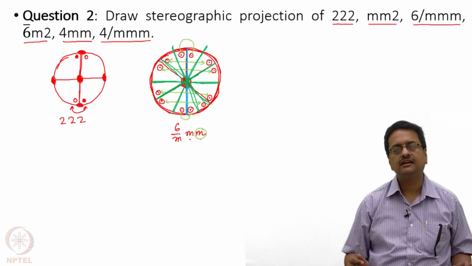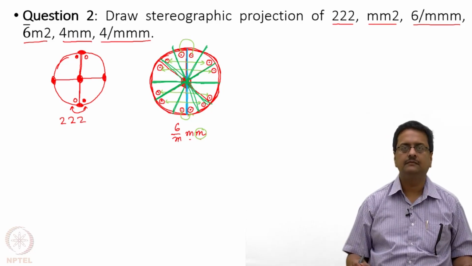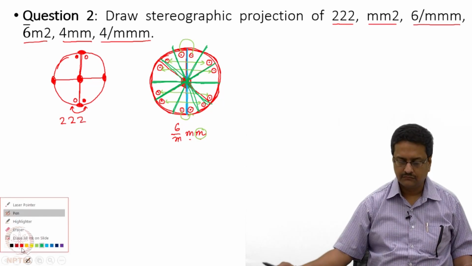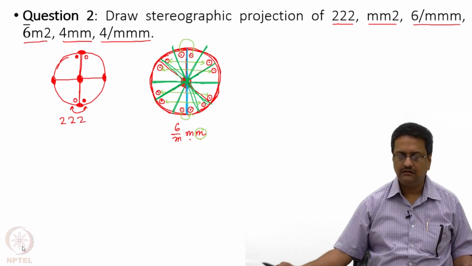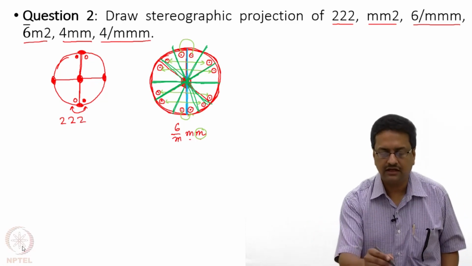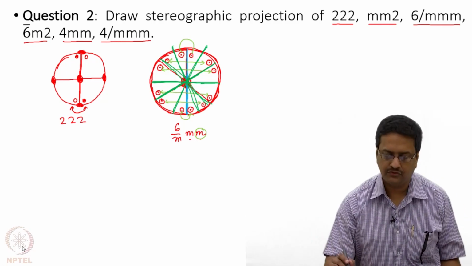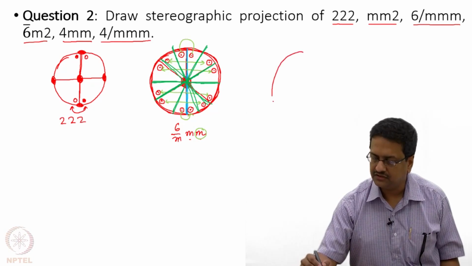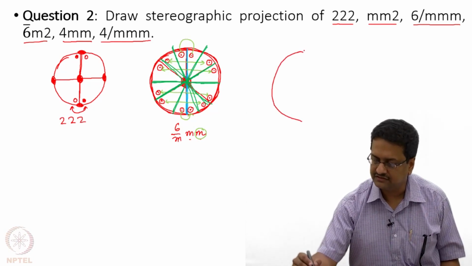So this is the diagram of 6 by M. I will only draw the other 6 bar, for 6 bar M2, because it again may be difficult to imagine or understand.